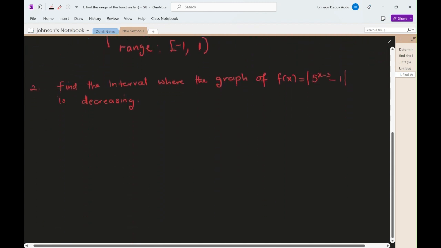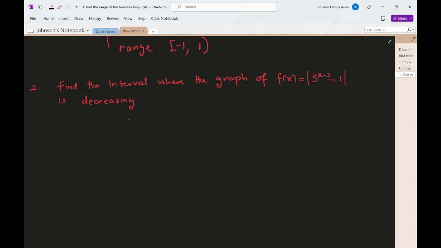find the interval where the graph is what? Is increasing. So let's start with the original graph. So we can start with the graph of 5 to the power x, which will be an increasing graph, cutting at 1.